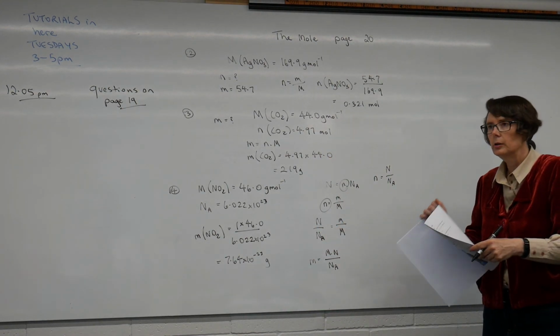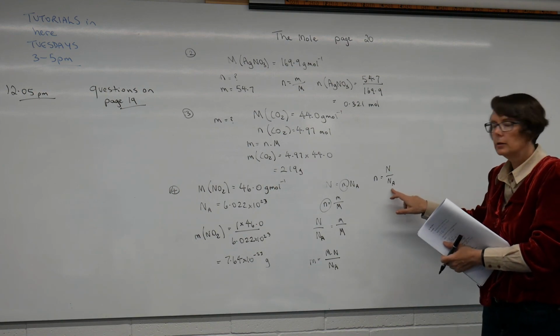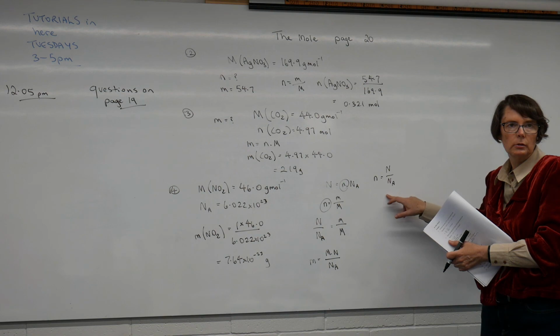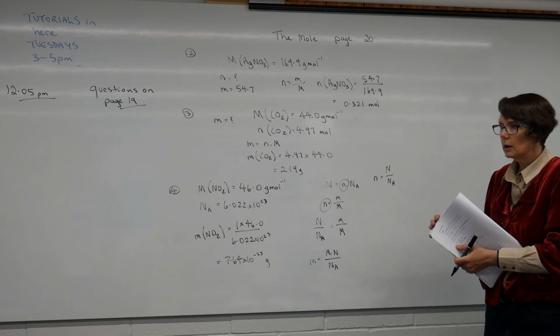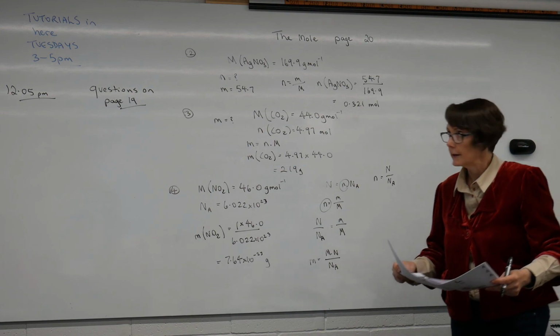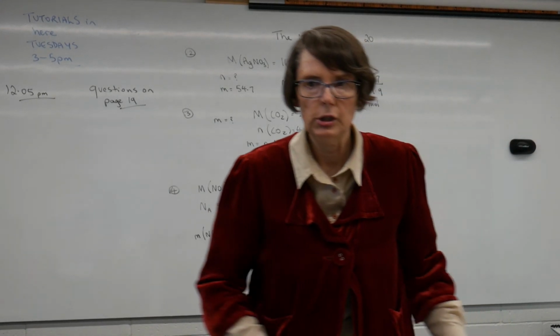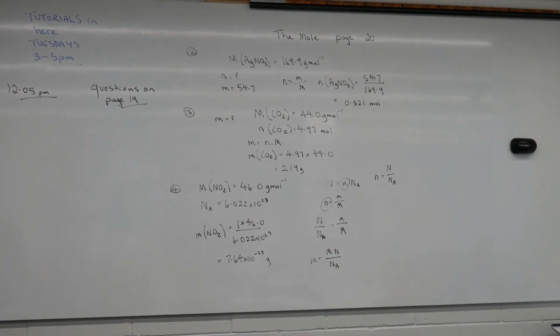So anytime it's talking about atoms, molecules, particles, etc., we need to be looking at the Avogadro's number formula. But for other masses and moles, we're going to use the other relationship. All right. Any questions? No? Do you remember doing that last year?